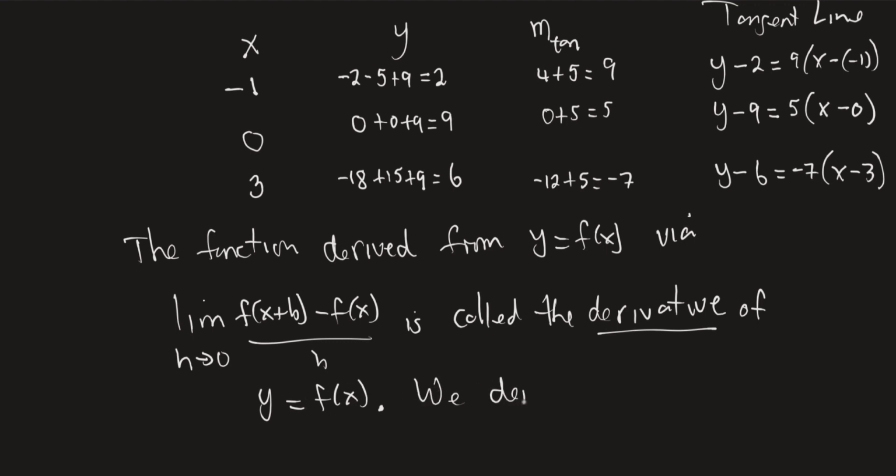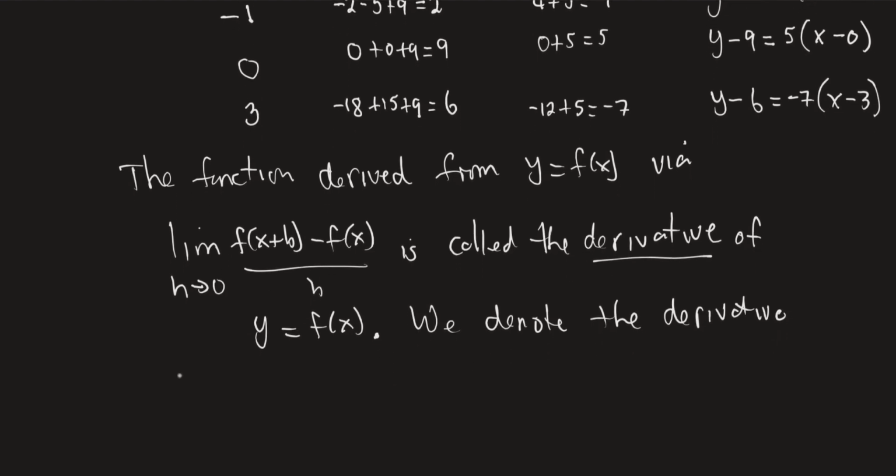We denote the derivative of f of x as, we still use the letter f, but we put a prime there. We call it f prime of x.